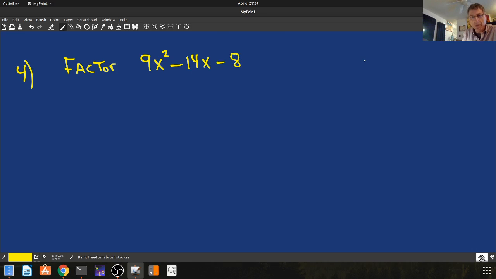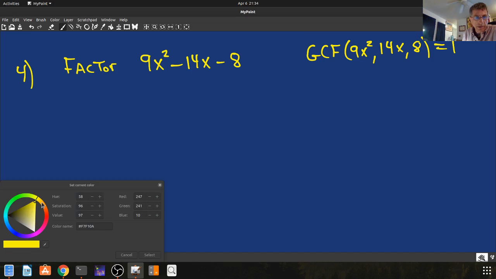So the first thing we want to do is, what is the greatest common factor of 9x squared, 14x, and 8? And it turns out it's equal to 1. So we can't factor out a greatest common factor. We just have to go with it the way it is.